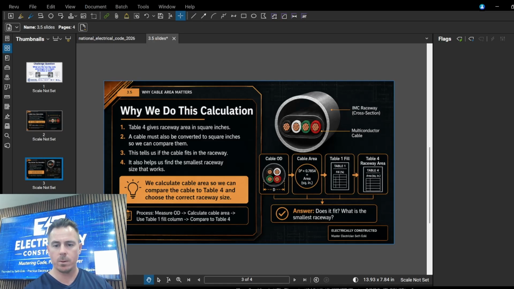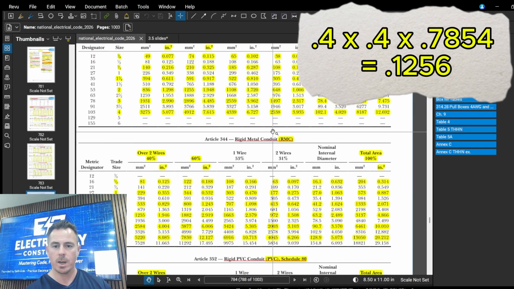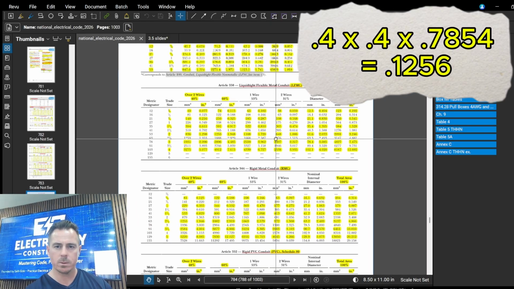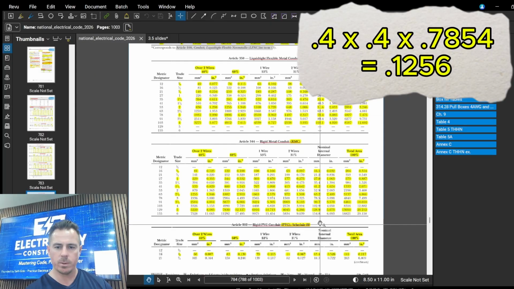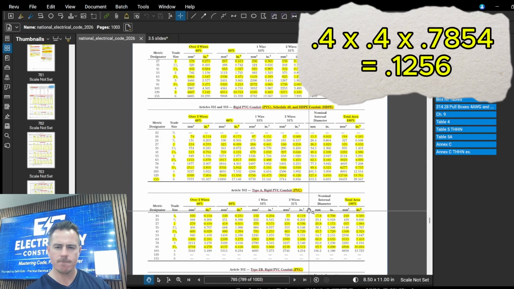I'm just gonna do 0.4 times 0.4 times 0.7854, and that equals 0.1256. All right, let's go back to our code book. Let's go back to chapter 4, and let's say we want to run this through some schedule 40 PVC. So let's find schedule 40 PVC in chapter 4.